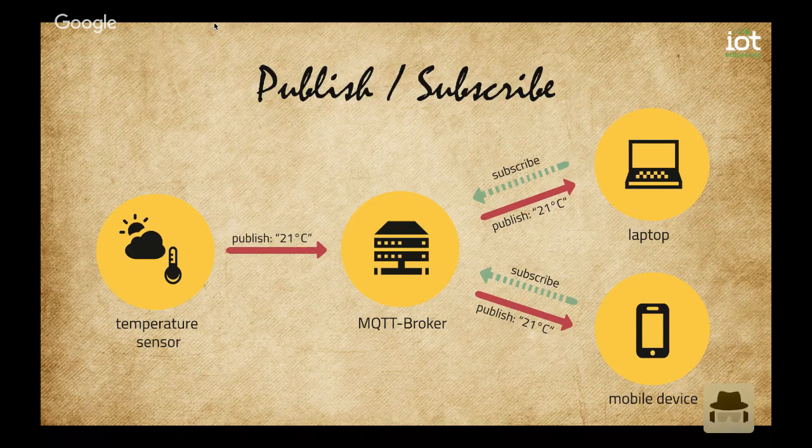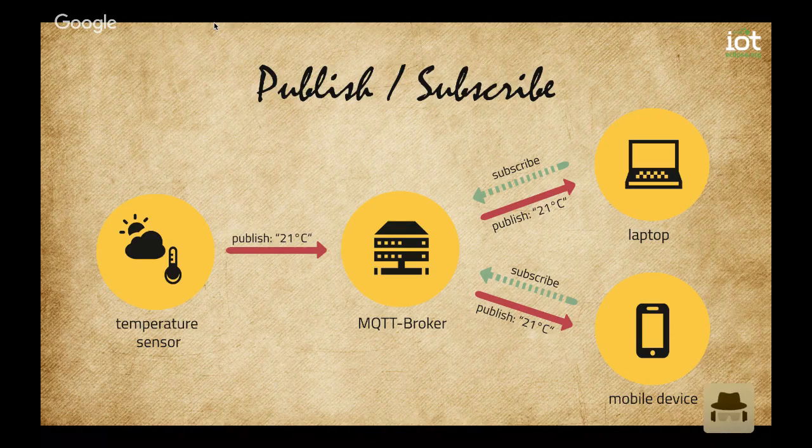And this works by a subscription mechanism. So the laptop or the mobile device subscribes to the MQTT broker. It says, hey, I'm interested in a particular data set, and the broker makes sure that only the data which the clients are interested in are forwarded to the clients. So we have a decoupling here. And what is very important to know about MQTT, you have a standing TCP connection here.